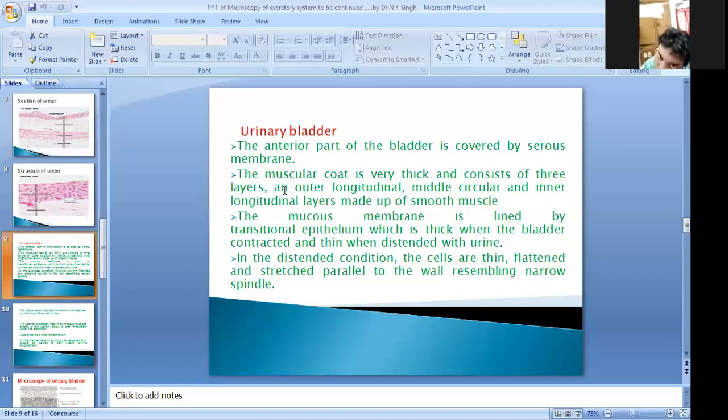That means when the bladder is filled with urine, the boundary of the cells will be thin, and the cells will be flattened and may be parallel to the spindle muscles which are surrounding it. So if cells are thin, flattened, stretched, and parallel to the spindle muscles, that means it is in distended condition. That means the bladder is filled with urine.